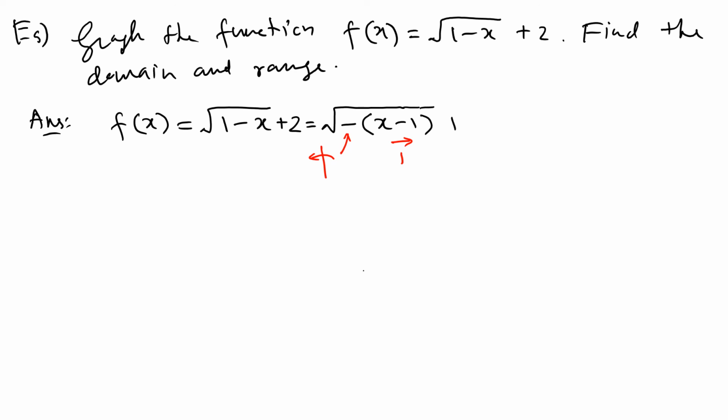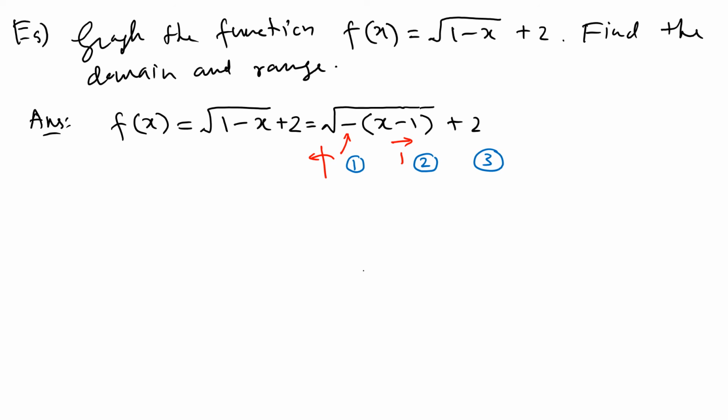So what are the steps here? We're going to do the reflection first, and then we do the horizontal shift, and then we do the vertical one. That's the order. Please remember that when you have a horizontal scaling, we do that first, before we do the horizontal shift. Scaling we do first.